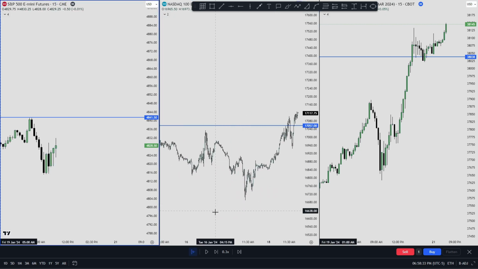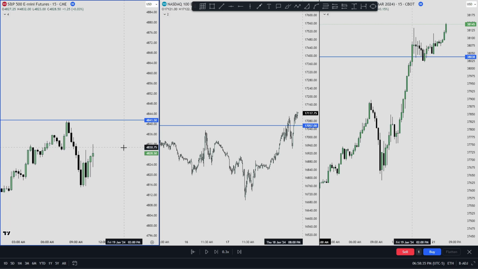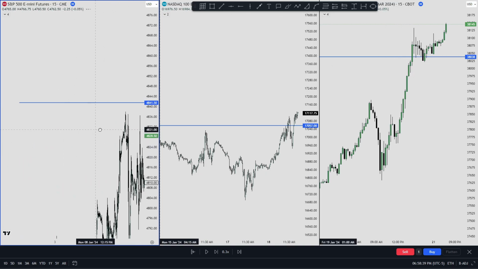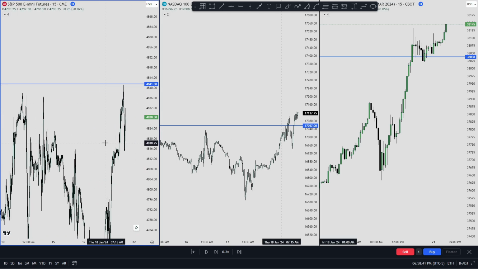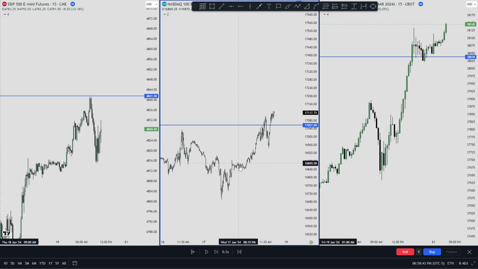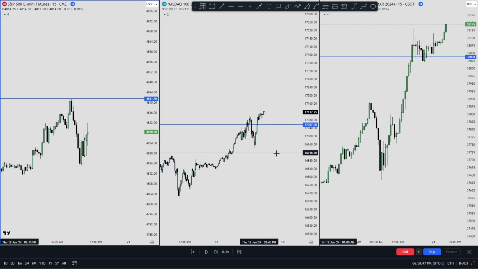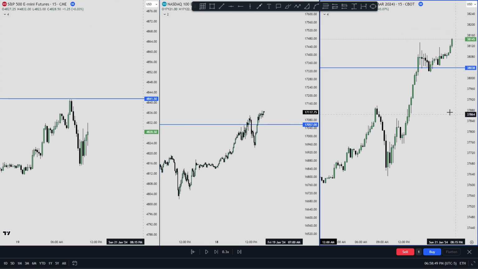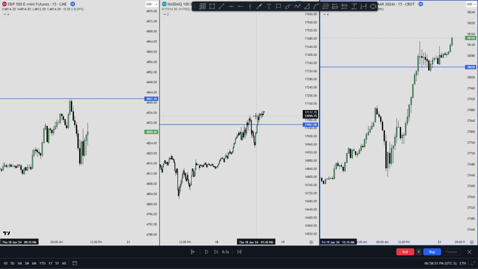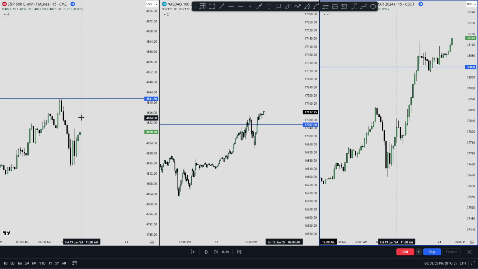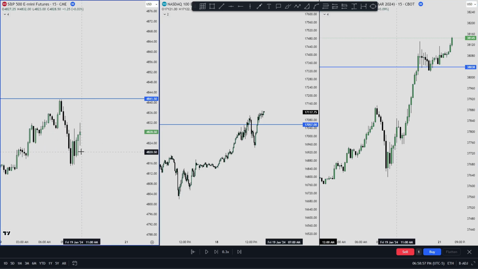I want to understand, are we going to go higher or are we going to go lower? I see that there's this weekly high here, high of week. And then I'm seeing that NASDAQ already took out that high of week. So my understanding is if NASDAQ has already taken out this high of week, most likely we're in an SMT sister here, so I can anticipate longs on the ES into this high of week.